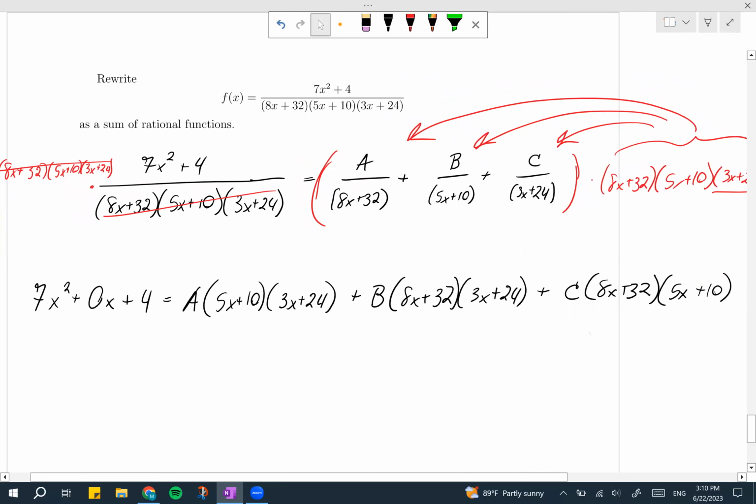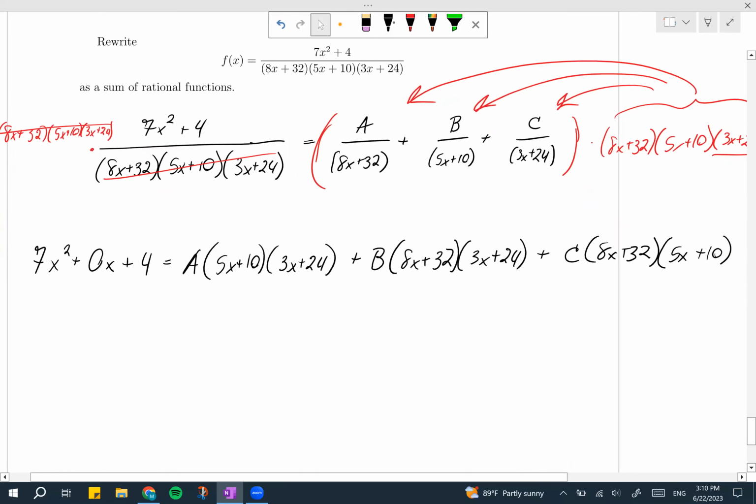This foiling and regrouping stuff is what takes the longest. We're going to get A times 15x squared plus 150x plus 240, plus B times 24x squared plus 288x plus 768, plus C times 40x squared plus 240x plus 320. If you have to stop, please take your time to FOIL these out yourself.